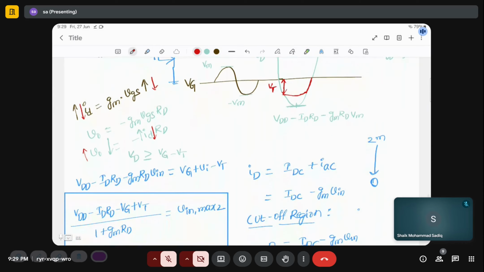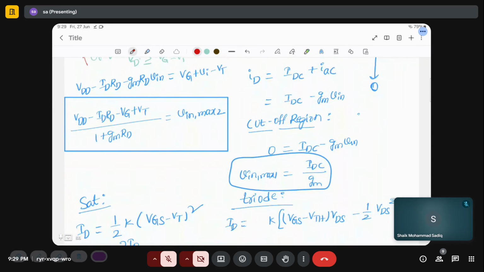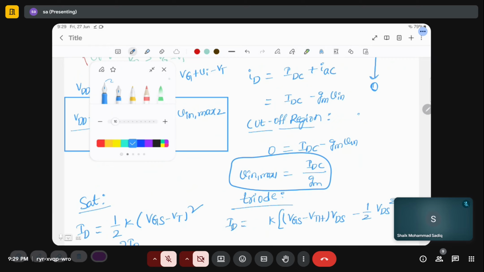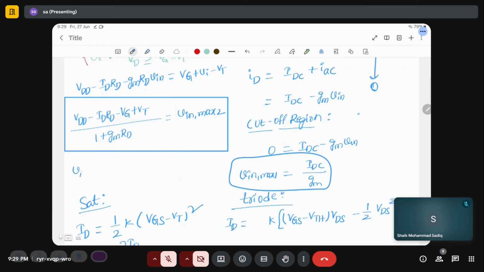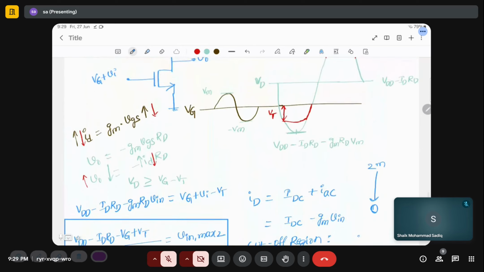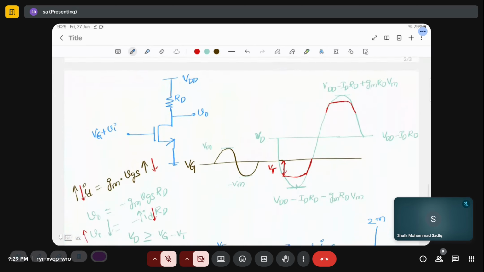So these are the swing limits. Ultimately, the max input voltage Vin max is the minimum of these two voltages, Vin max 1 and Vin max 2. Is it fine?